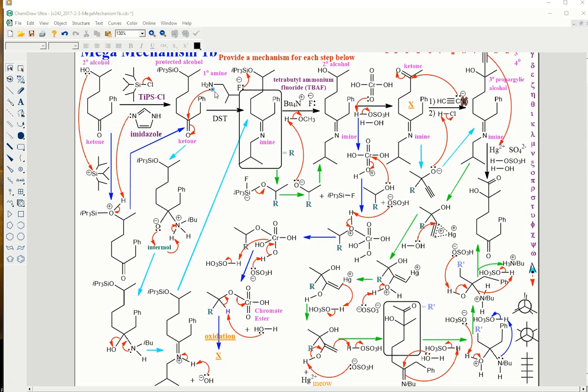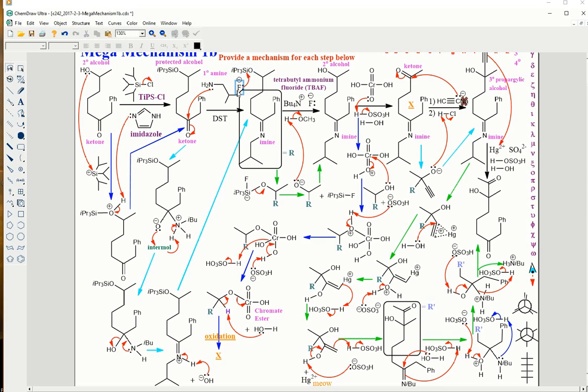Then we form an imine by reacting a primary amine with a ketone, getting an oxide ammonium intermediate, which undergoes intermolecular acid-base proton transfer, giving this aminol intermediate, which undergoes an elimination to form an iminium ion. The iminium ion is neutralized by the leaving group hydroxide to give the imine.